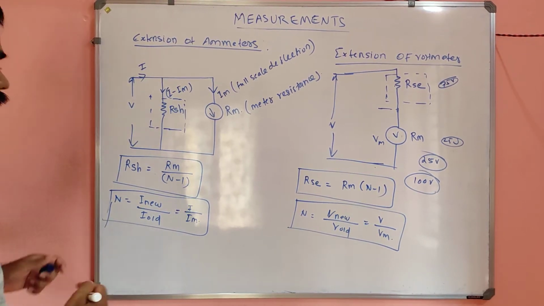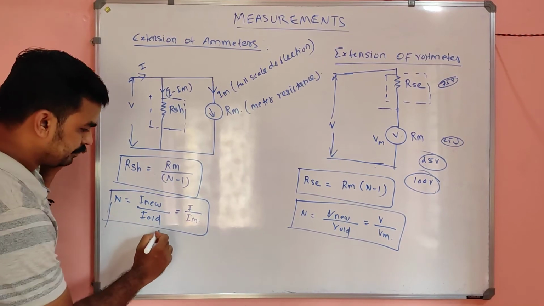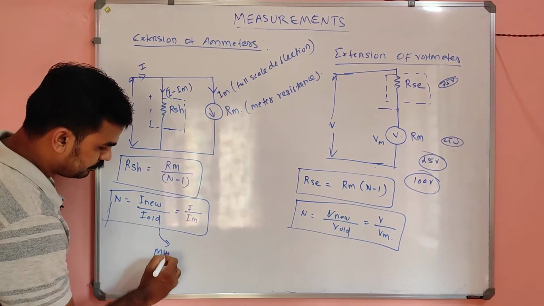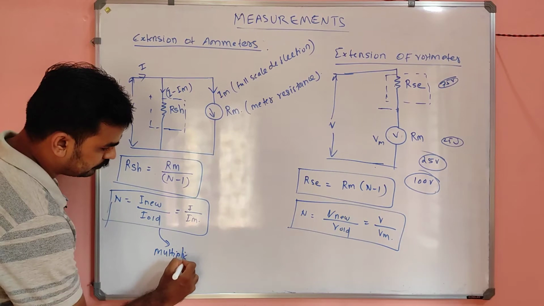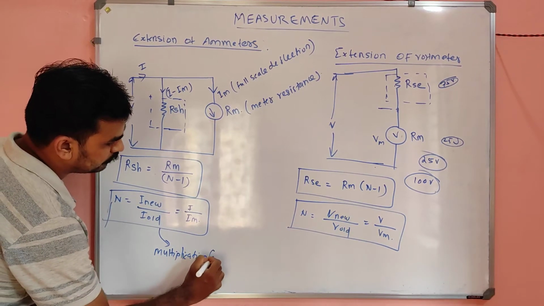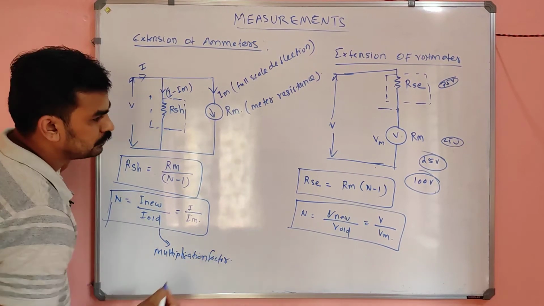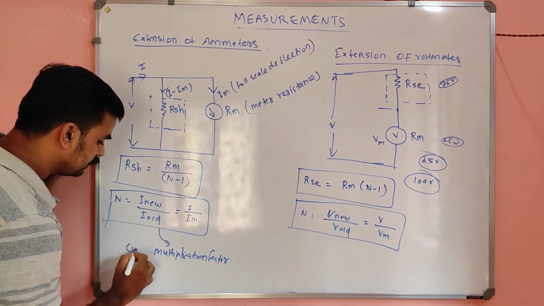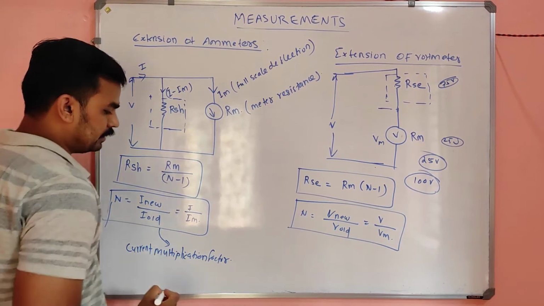For the ammeter, this n is called the current multiplication factor.